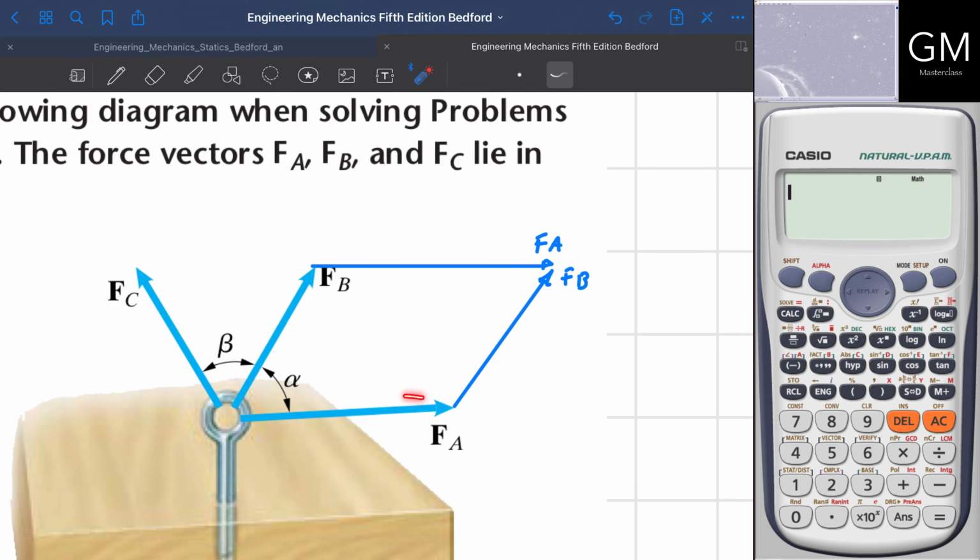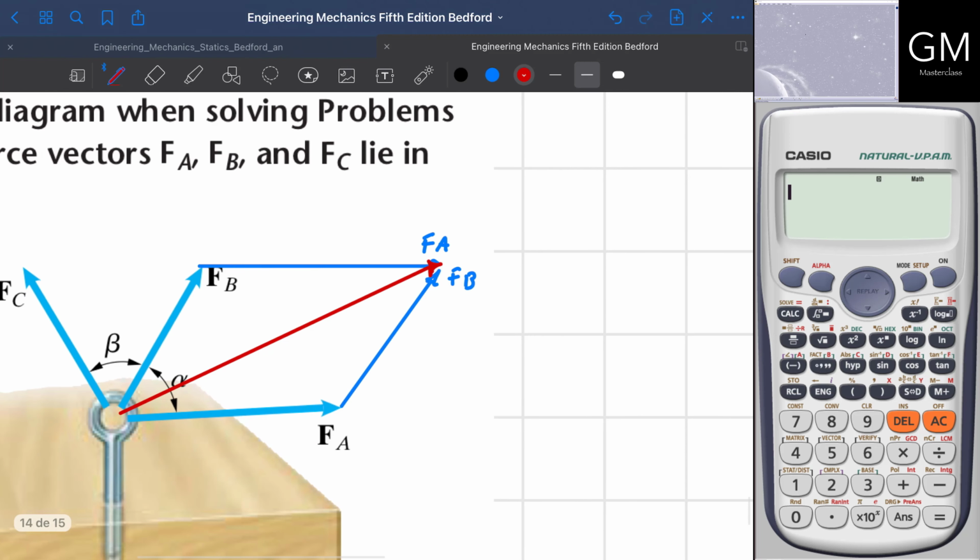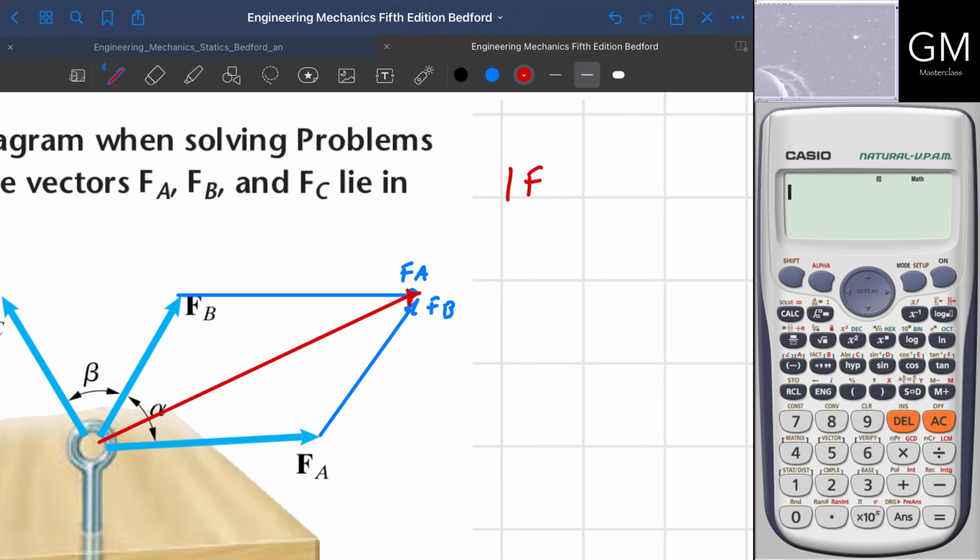As you can see, this vector is the same as this one, and this vector is the same as this one. So the result will be this one. This vector is what they are calling the magnitude of FA plus FB.